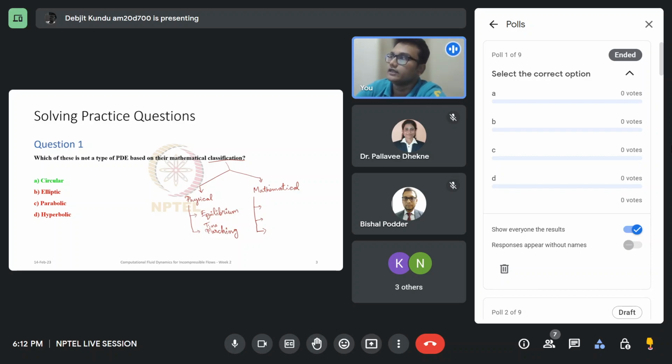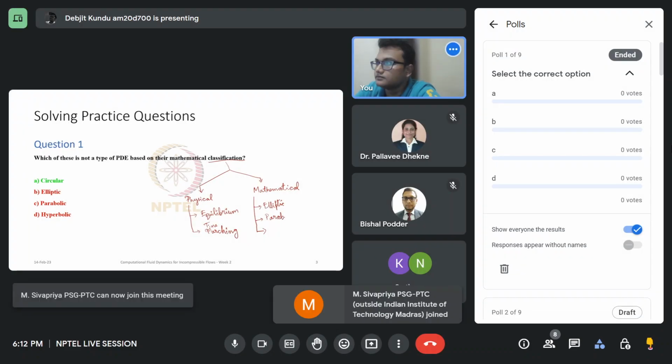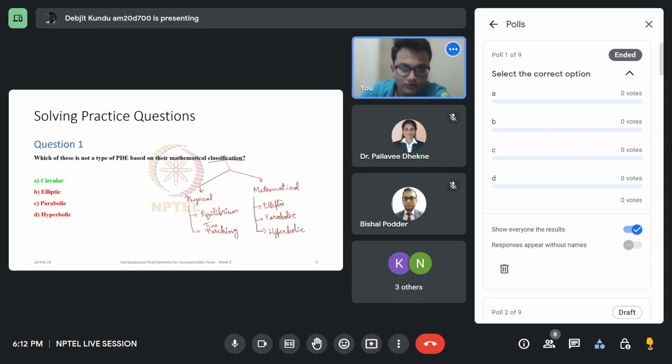In the mathematical classification, we can see the categories within the options of our question itself. They are elliptic, parabolic, and hyperbolic. So this is how we can majorly classify different partial differential equations.